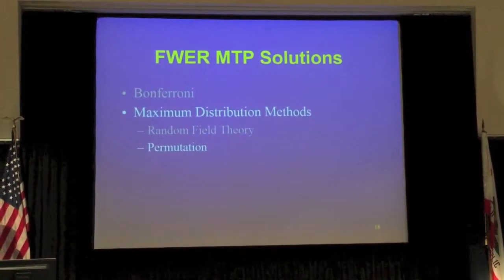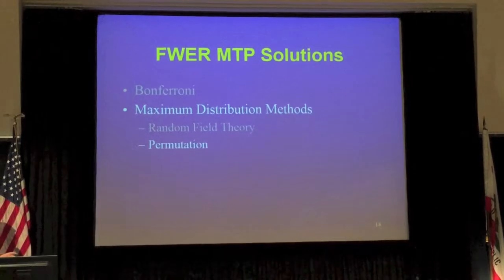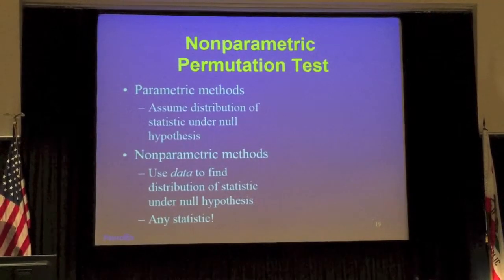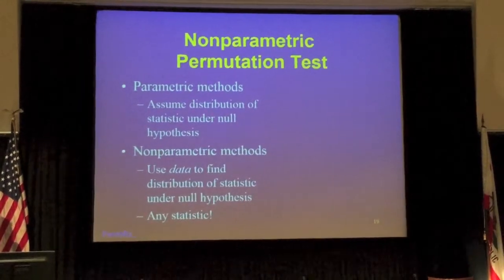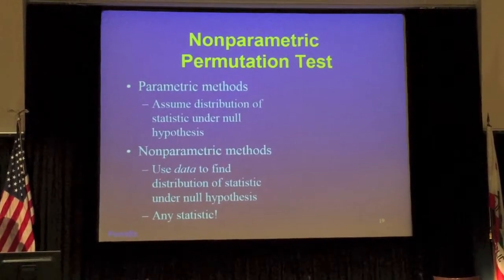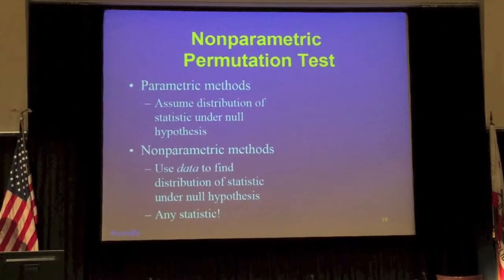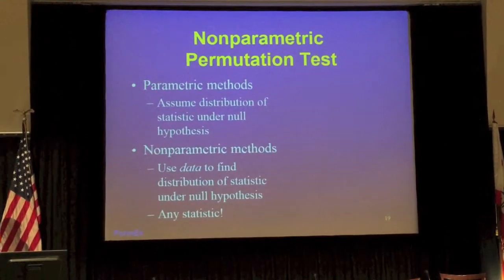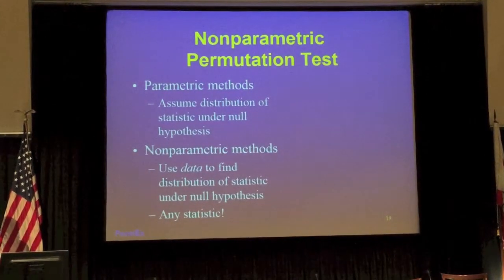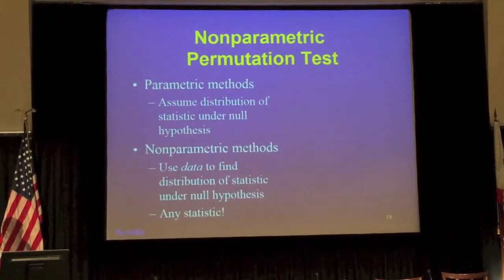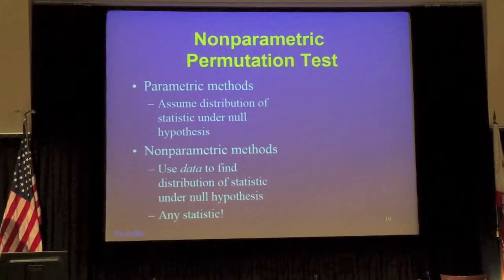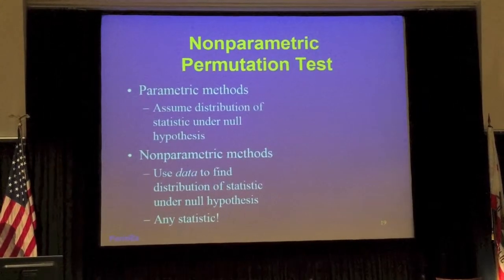And there are, again, maximum distribution methods, and those include permutation: parametric methods, which assume a distribution of statistics under the null hypothesis, or non-parametric methods, which don't assume a distribution and instead use data-driven approaches to find the distribution of statistics under the null hypothesis.